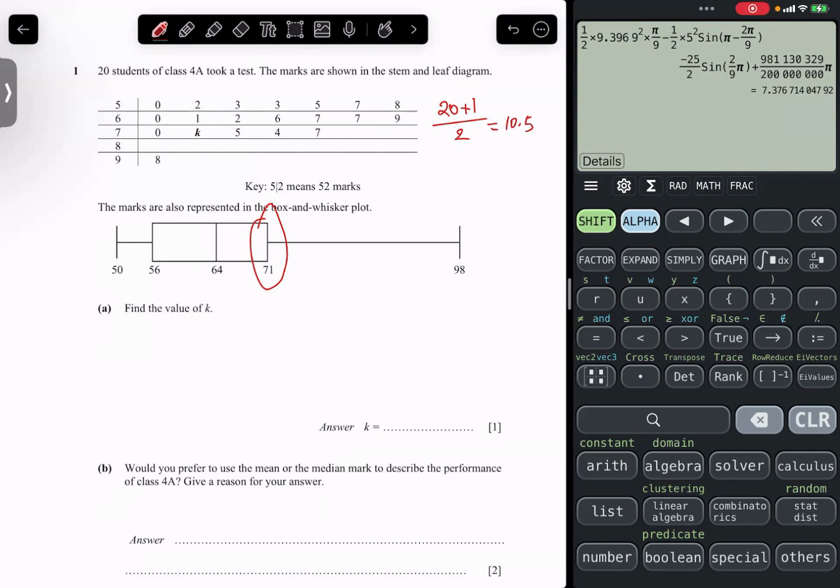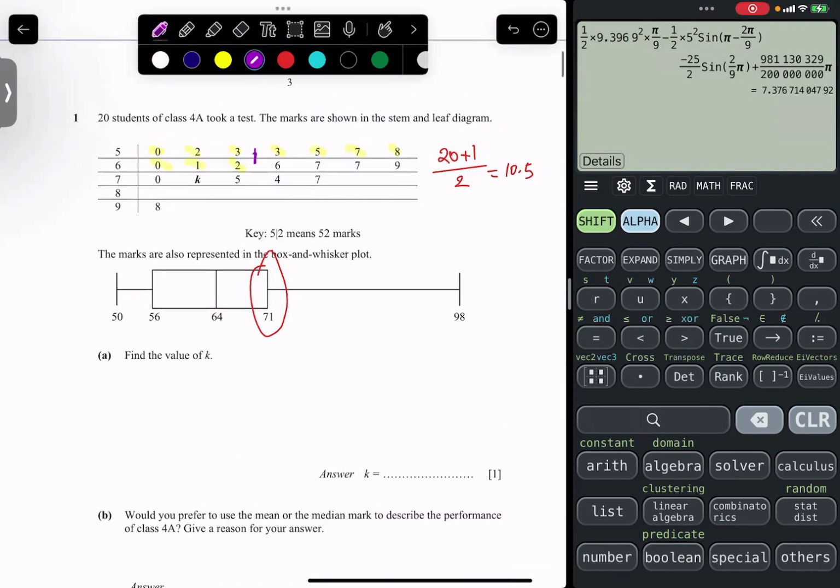So that means the median position is 10.5. So let's just count 1, 2, 3, 4, 5, 6, 7, 8, 9, 10. So 10.5 is in the middle of this, right? So that means the median value is 62 plus 66 divided by 2, so it's 64.